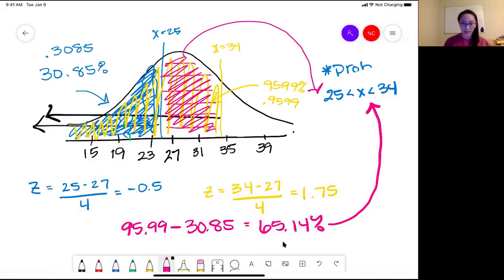If you wanted to present that probability as a percentage or percentile, an acceptable answer would be 65.14. If you wanted to present it as a probability, you could do 0.6514. Usually I'll accept it either way.